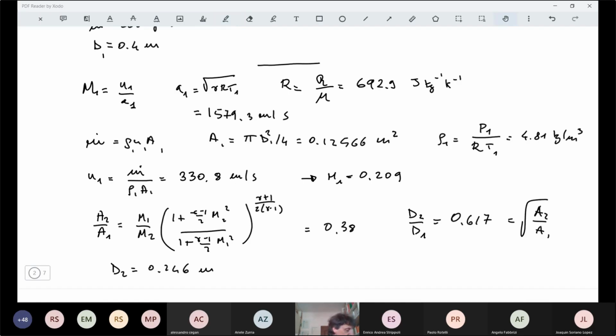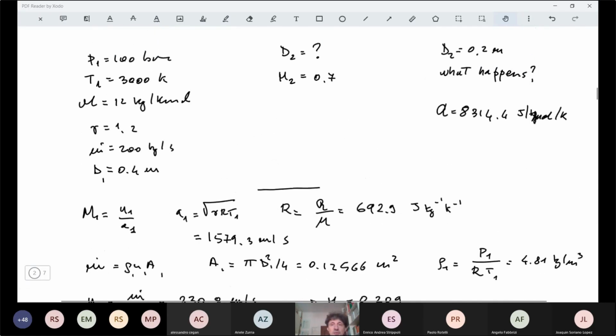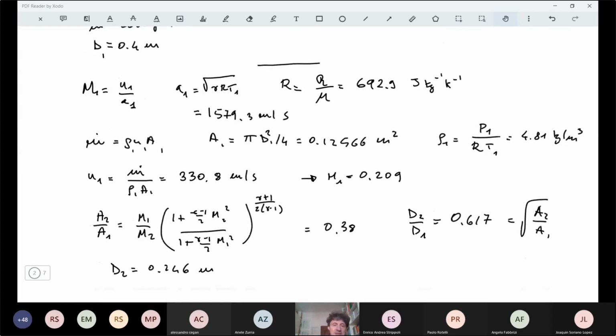We can move to the second question. What happens with d2 0.2 meters? So you can recognize that it's something less than this d2, so it's further diameter reduction, and so we have to be careful because it could be something, let's say, smaller than allowed with that inlet Mach number, because we may have chugging.